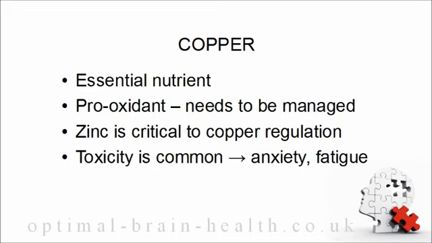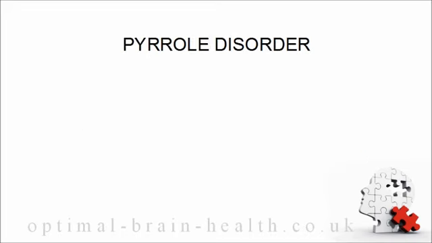And there's a good chance that if you are copper toxic, it's linked to zinc deficiency. It might also be worth mentioning that postpartum depression has also been linked to copper and zinc balance. Copper builds up during pregnancy because it's needed for the developing embryo, but after birth, the mother can be left with an excess of copper that's hard to rebalance.